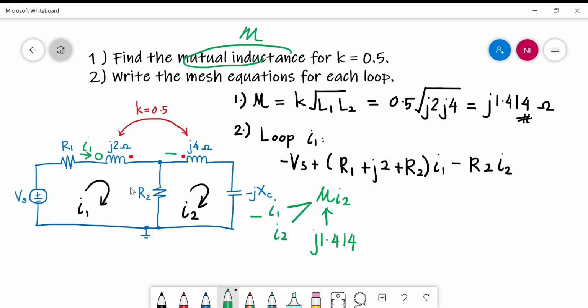I2 is entering the dotted terminal, so it is positive for I2. Negative and positive gives us negative. So for this term it is negative M I2. We've completed this equation, so we close it with equals 0.